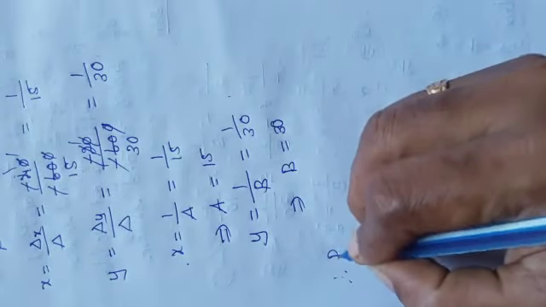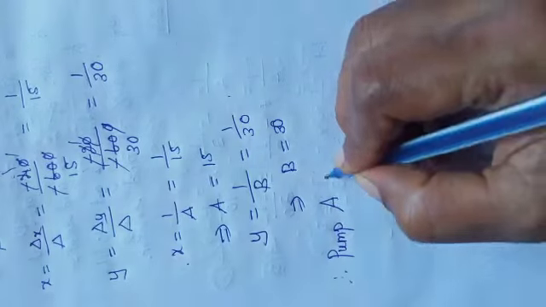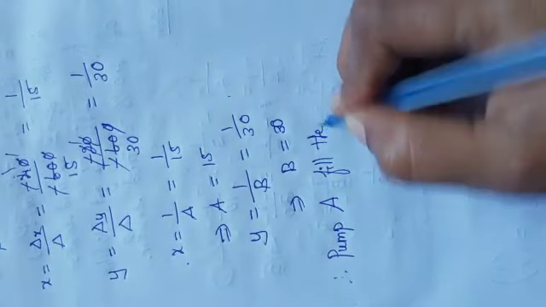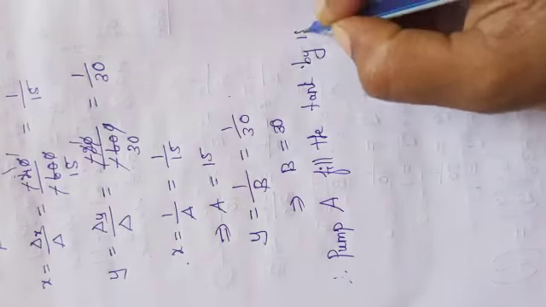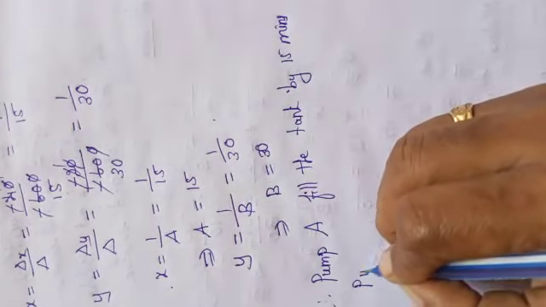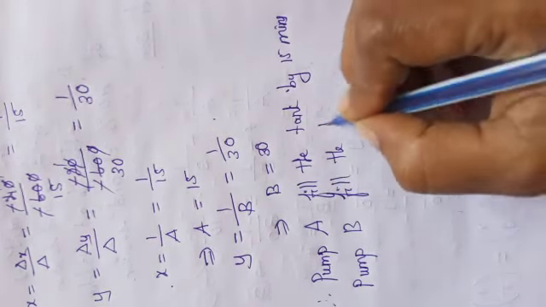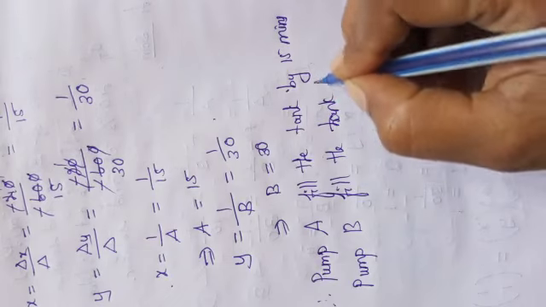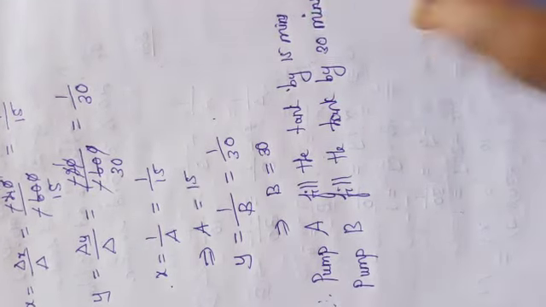So therefore we can write pump A fills the tank in 15 minutes. Pump B fills the tank in 30 minutes. Is that clear?